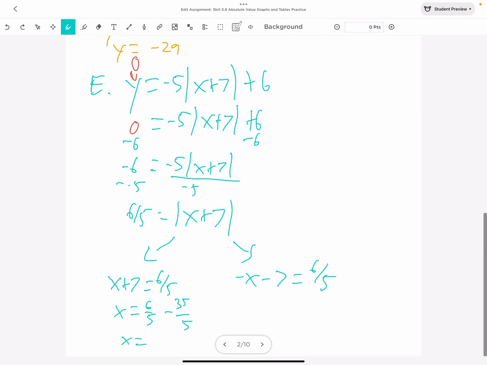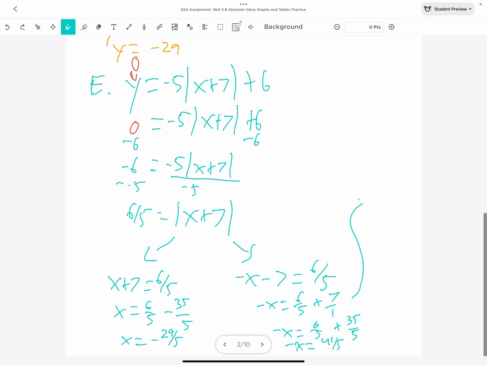X is equal to -29 over 5. And then this becomes -x is equal to 6 over 5 plus 7 over 1, which is 6 over 5 plus 35 over 5. So -x is equal to 41 over 5.